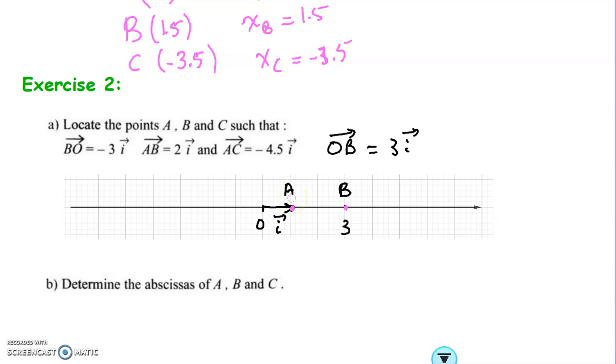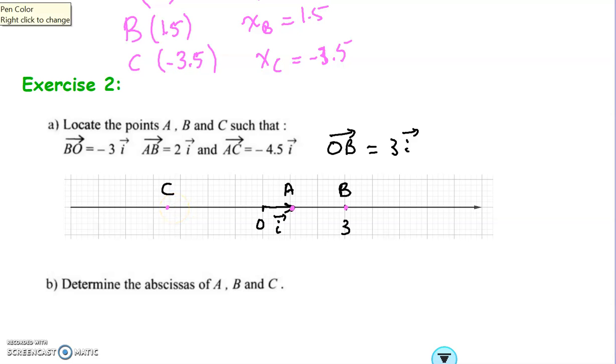So to go from A to C, we have to move 4.5 units to the left because it has to be opposite to I. So 1, 2, 3, 4.5. So it will be here. So this is point C. Okay, so starting from A, we move 4.5 units backwards. 1, 2, 3, 4, and 0.5.